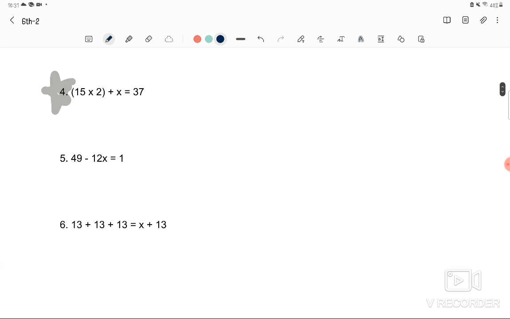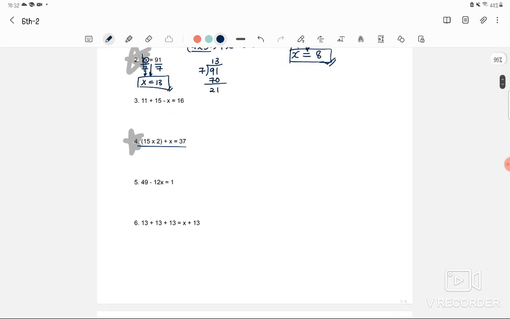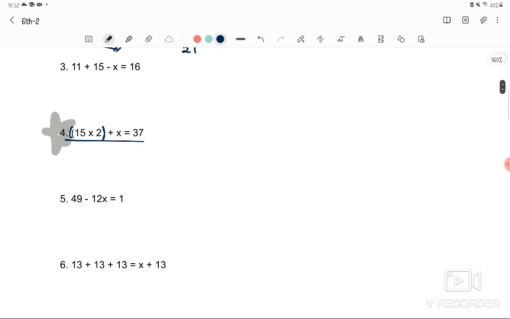Okay, so this problem has a different format compared to other problems. So there's parentheses, right? It means that you have to solve what's inside the parentheses first. So 15 times 2 is inside the parentheses, right? That means you have to multiply those two numbers first. So 15 times 2 is 30. 30 plus x equals 37, right?